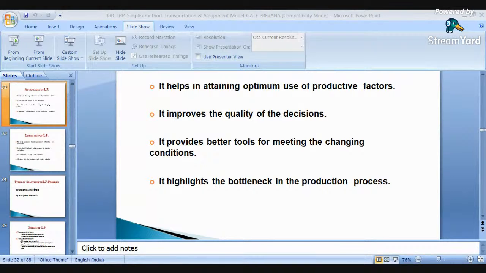P1, W1 is the northwest corner. In the northwest corner, the supply is 20 and the requirement is 21, so we can allocate a maximum of 20. Therefore this 20 is crossed and 0 will be available. Here 21 is crossed and there is still a requirement of 1. So the maximum allocation is done in the northwest corner.